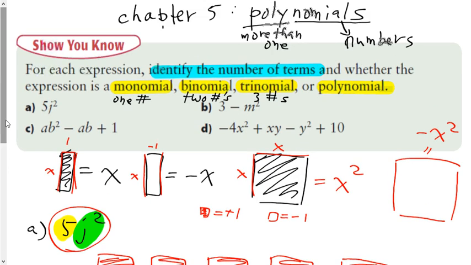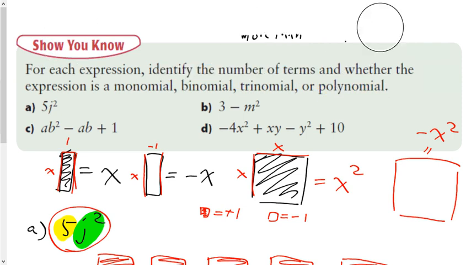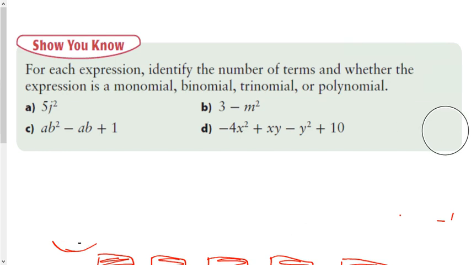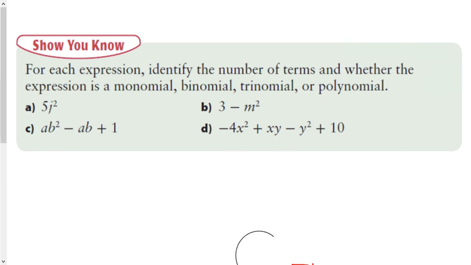Going back to our examples, I'll erase all this because we have a ton of stuff up here. Looking at the second one, B, 3 minus m squared. I would draw a 3, which is a 1, a 2, and a 3.